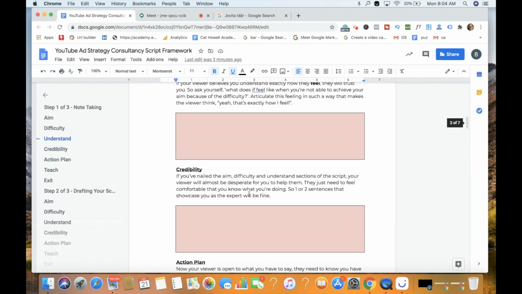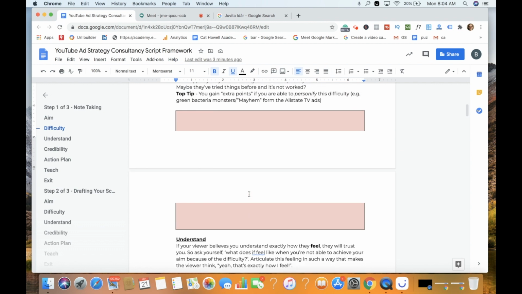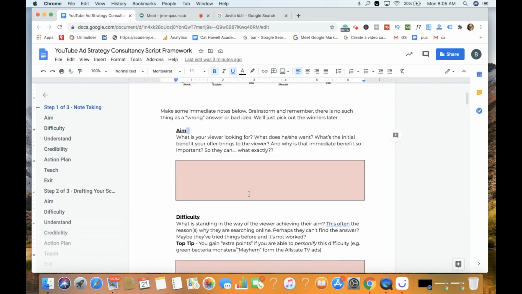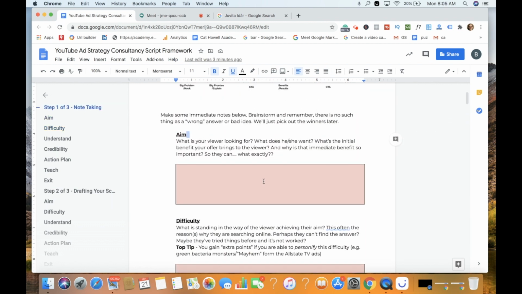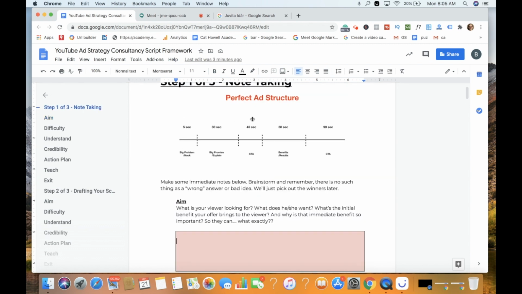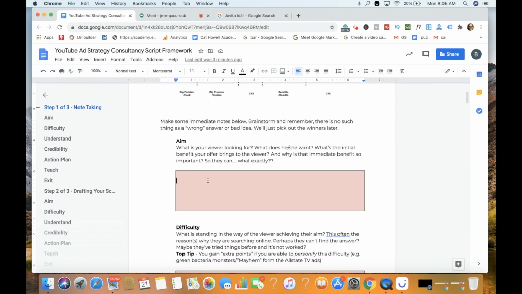I want to walk this through with you guys as a consultant, a brainstorm call, giving you a framework to look at as your overarching way to think about your ad, and then get more specific about those sections.